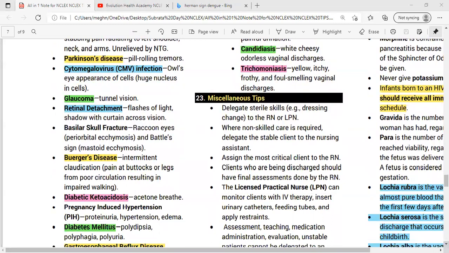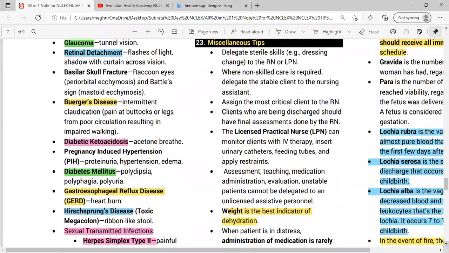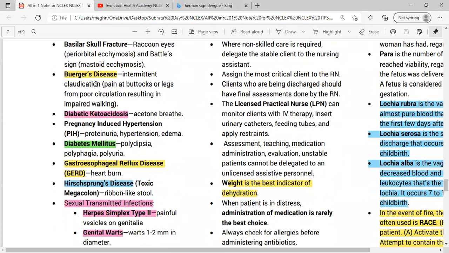Next, in Buerger's disease, we find intermittent claudication, meaning pain in the buttocks and legs from poor circulation. When the patient walks, pain starts, and when they rest, the pain disappears. It is called intermittent claudication.